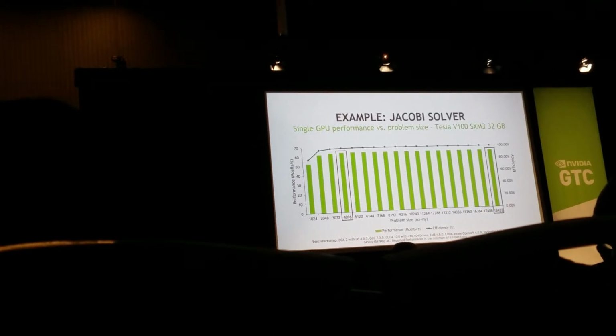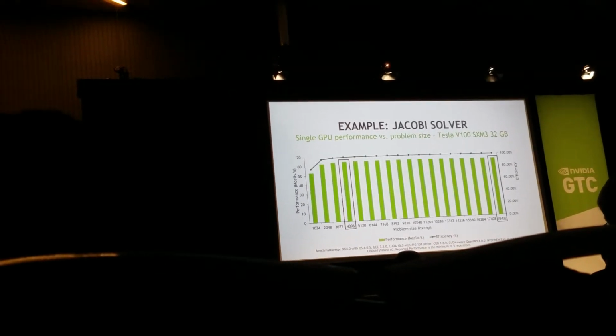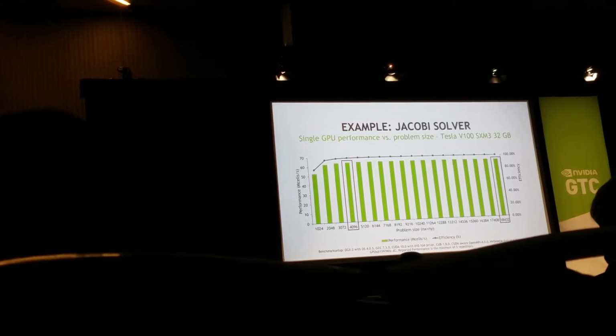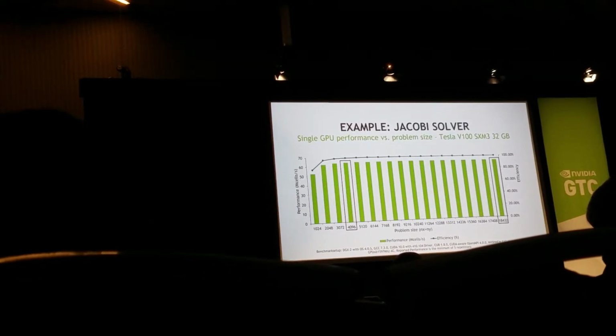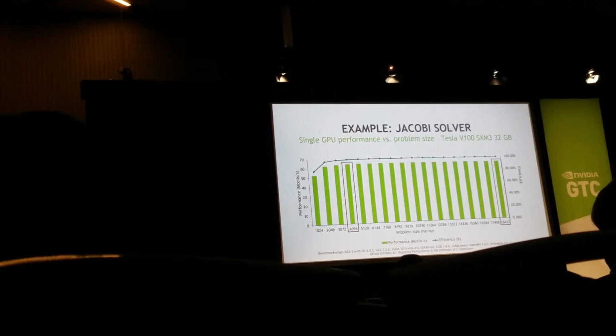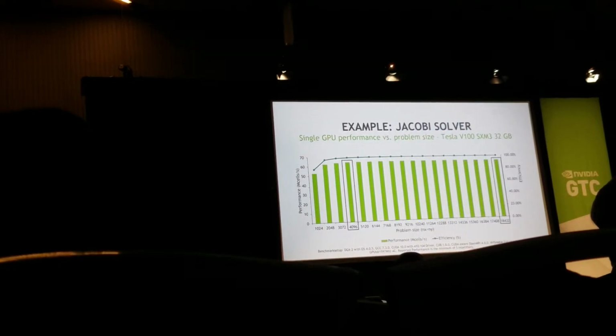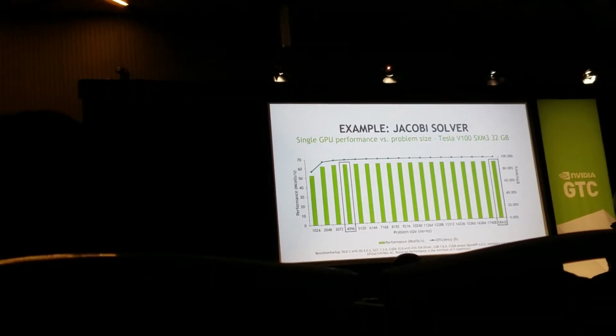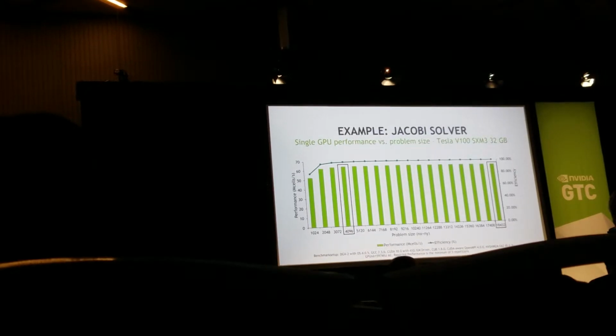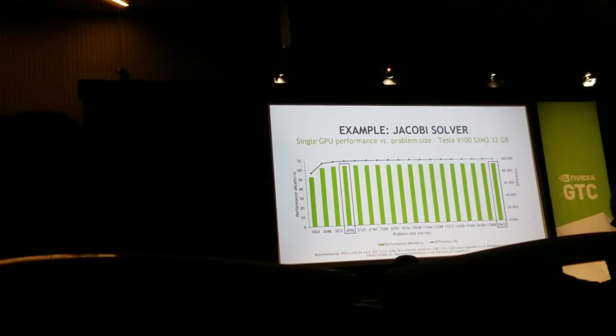Therefore, I started with a single GPU performance test where I increased the problem size and then selected the problem size where 1/16 at least delivered 99% of the best performance I got.